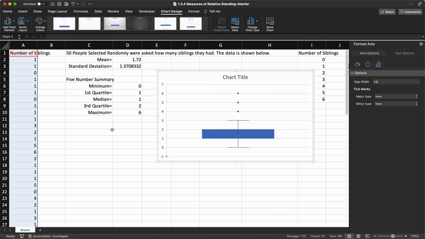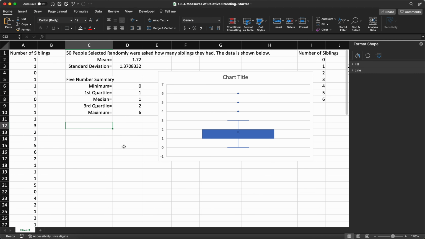For now, what you should know is that there's something called the interquartile range. The interquartile range is the distance between the beginning of the box and the end of the box. This is known as the IQR for short.